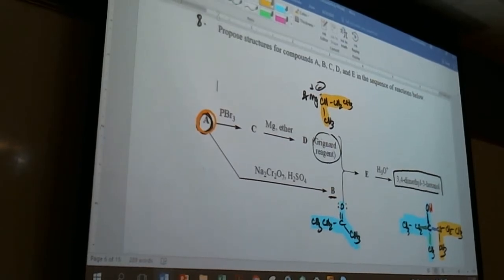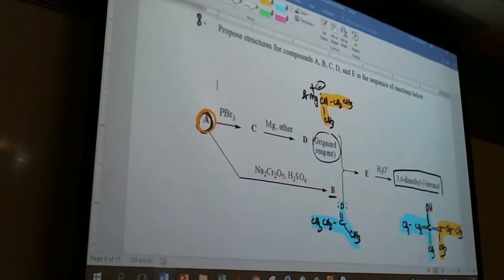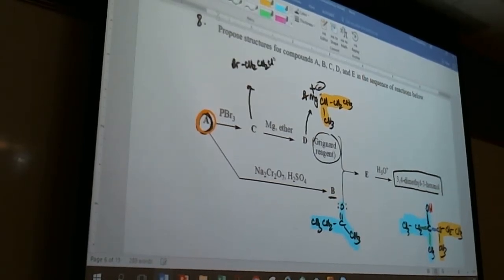Now, how did I make that Grignard from what? What is C? We're going backwards. The alkyl halide to which I added the magnesium to form the Grignard, right? So C is this alkyl halide.